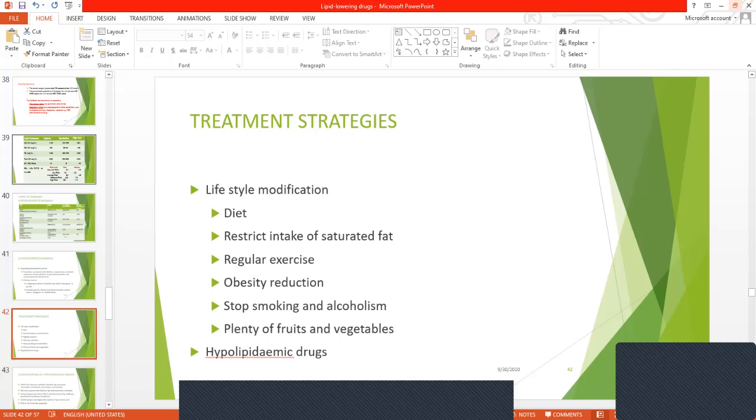The saturated fat should be less than 7% and cholesterol should be less than 200 milligrams per day. Mostly when we suggest this diet, the reduction in serum cholesterol level can range from 10 to 20% on this regimen.